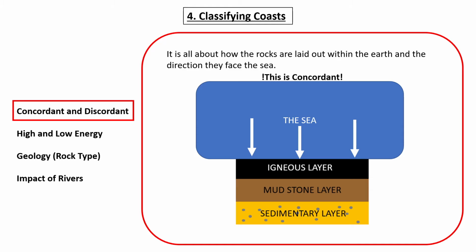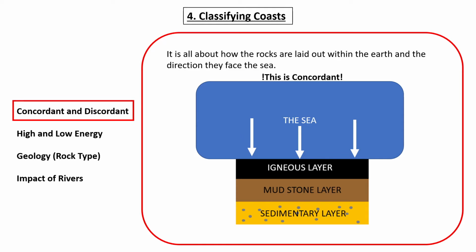And in most cases, due to erosion, concordant coasts are the ones where it's just an igneous rock layer that's protecting the other less resistant layers. This doesn't mean to say that the igneous rock layer doesn't erode, just that it takes thousands of years to erode significantly. So the cliffs of Dover, for instance, would be an example of a concordant coast, obviously not with an igneous rock, because it's chalk, but that is just one rock layer the whole way across.